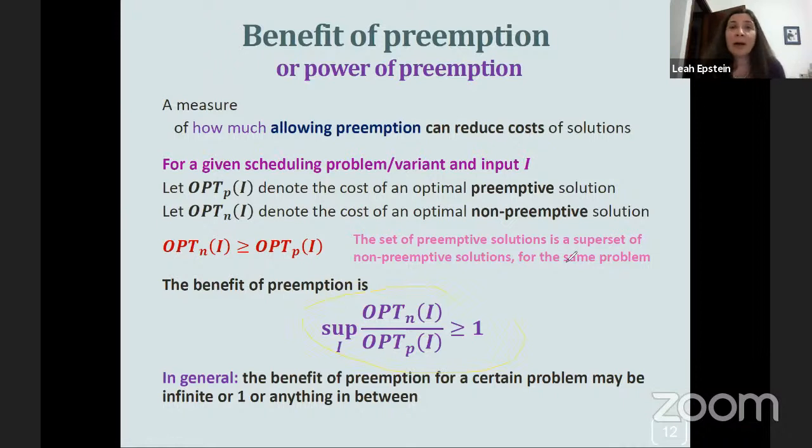In this formula, we compare the cost of an optimal solution that cannot preempt, the N is for non-preemptive, and an optimal solution that can preempt for the same input I. It cannot be smaller than 1 because of what I just explained, that the non-preemptive solution is also seen as a preemptive solution, but it could be in principle much larger, or it can just be 1 for some problems. For other problems that are probably less interesting, it can be infinite.